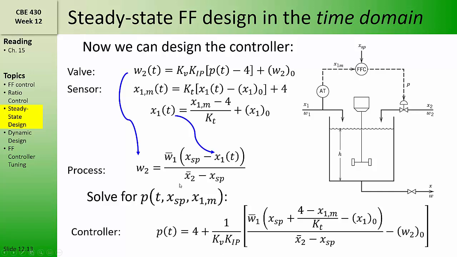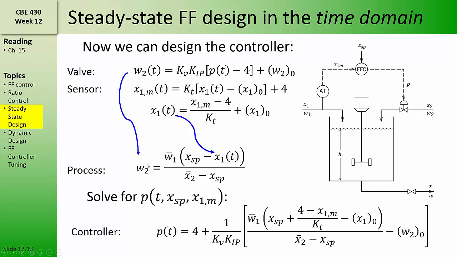We begin with our steady-state design law for the process, and we substitute in the W2 flow rate that we got from our valve equation. For the variation in X1 with respect to time, we can solve our sensor transmitter equation for X1 of time and plug that in.